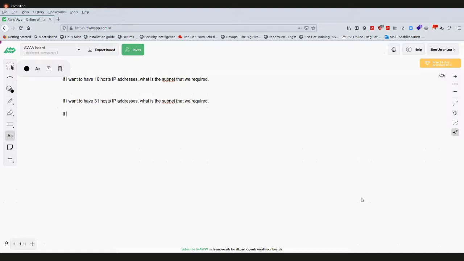Then again, if I want to have 60 host IP addresses, what is the subnet that we require? Okay, guys, I need the answers for these three things.